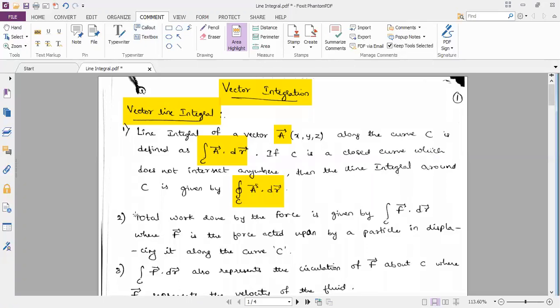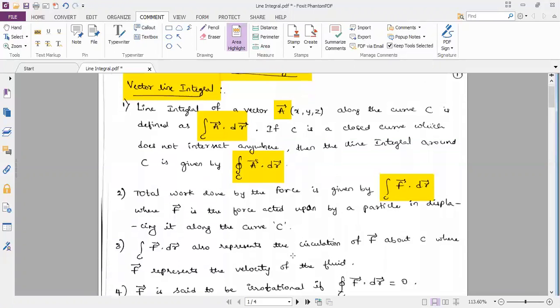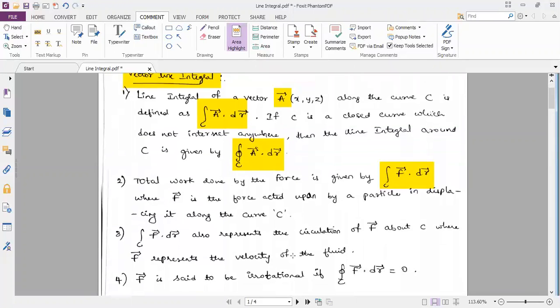Now the total work done by the force can also be obtained by the integral over C of F dot dr, where vector F is the force acting upon a particle in displacing it along the curve C. The integral over C of F dot dr also represents the circulation of vector F about C, where vector F represents the velocity of the fluid.